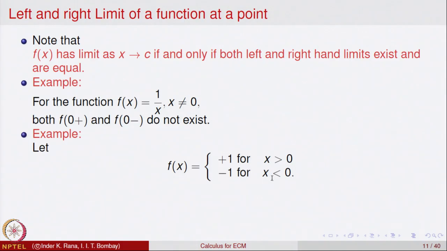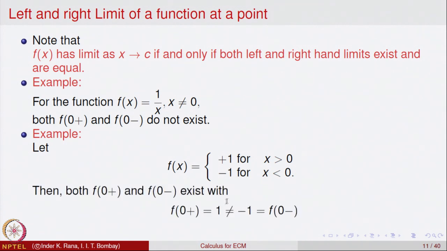And similarly, if x_n is less than 0 and converging to 0, then f(x_n) is a constant sequence minus 1, so it will converge to minus 1. So, the left limit exists, the right limit exists, but they are not equal. The right limit is plus 1, the left limit is minus 1.